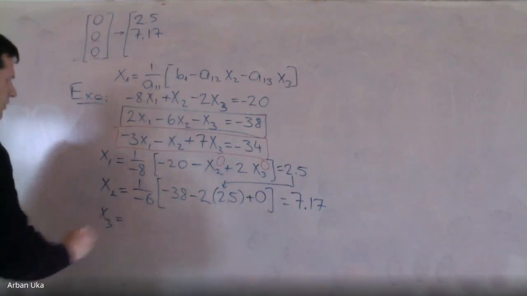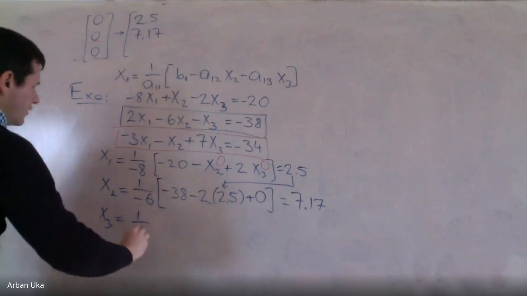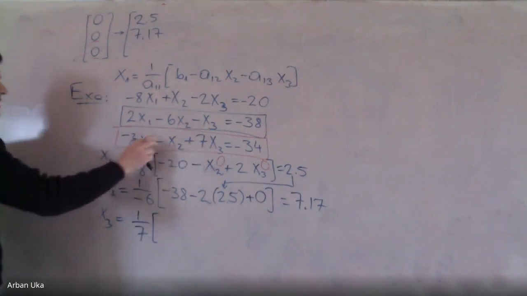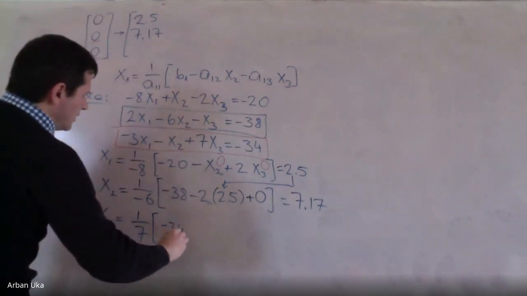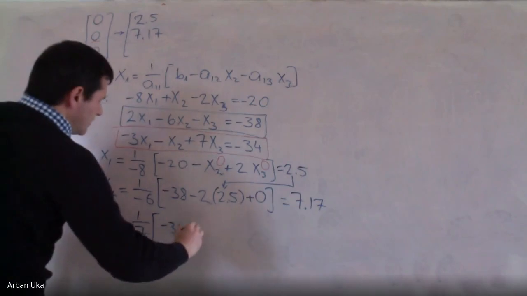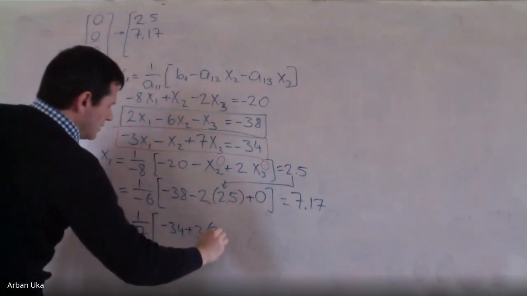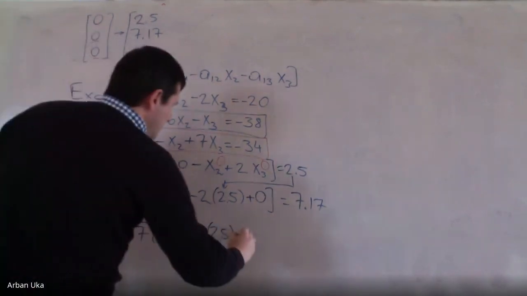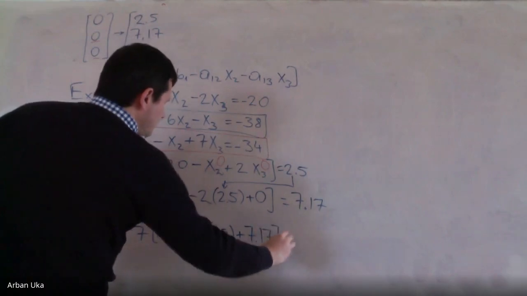Then the x3 would be equal to 1 over 7. So this is the coefficient that we get here. And then we take all these terms to the other side. We get minus 34 plus 3x1 plus 3, and x1 is 2.5, plus x2, where x2, the new value of x2, is this.